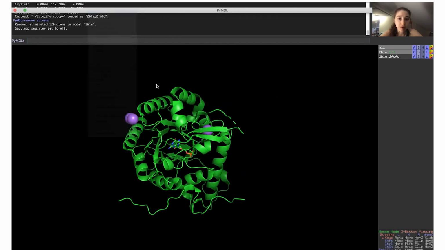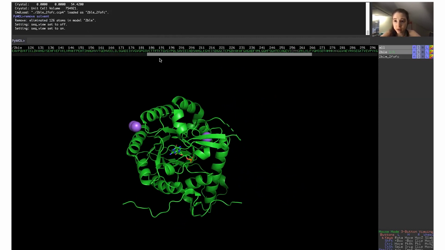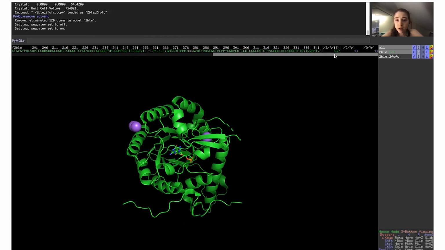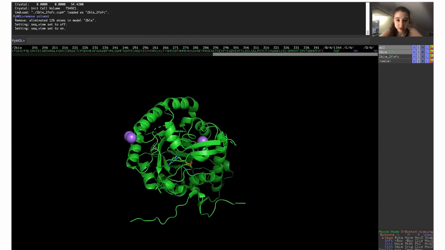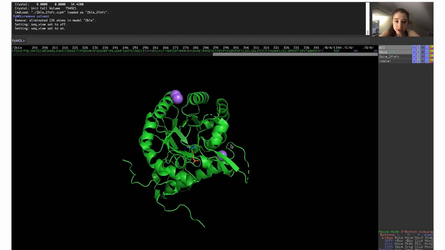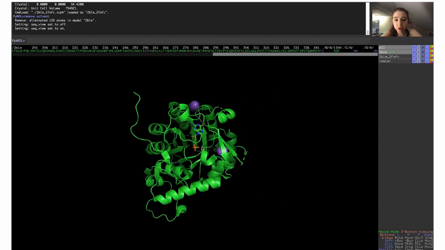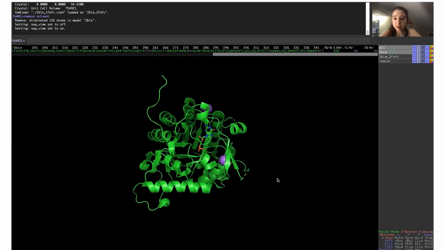Okay, display our sequence. There we go. We can see that we have this one chain, so this is just a monomer out of that tetramer, one of the four subunits. We have our GMP, and then we have these sodium ions. But let's look at the structure.